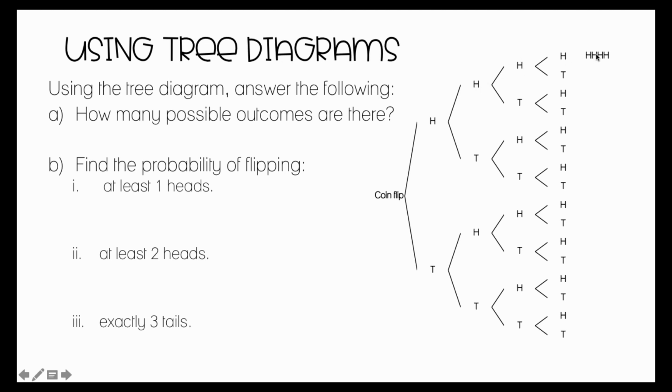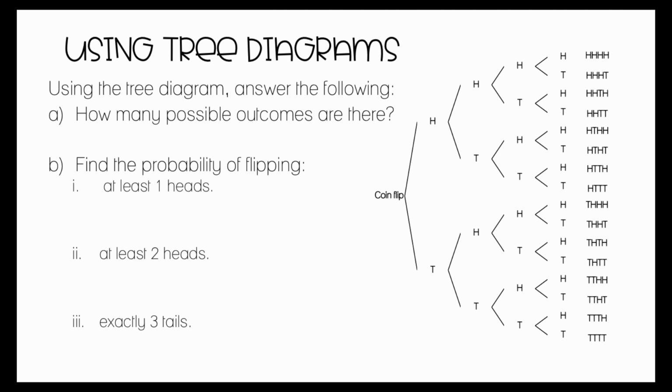So we get heads, heads, heads, heads. This next one, we get heads, heads, heads, and then a tail. This one here, we get heads, heads, tail, heads. This one is heads, heads, tail, tail. And so on until we get all of our outcomes listed.